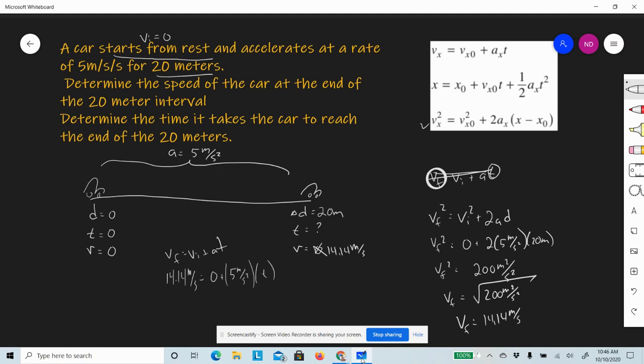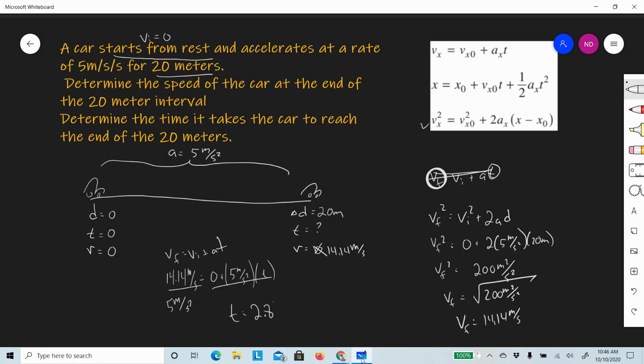Divide both sides by 5 meters per second squared. 14.14 divided by 5 is 2.83. Our meters cancel out with the meters, one of these seconds cancels out with one of those seconds, and we should get our time left in seconds: 2.83 seconds. Problem solved.